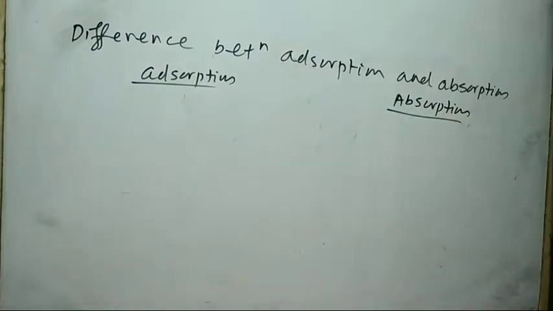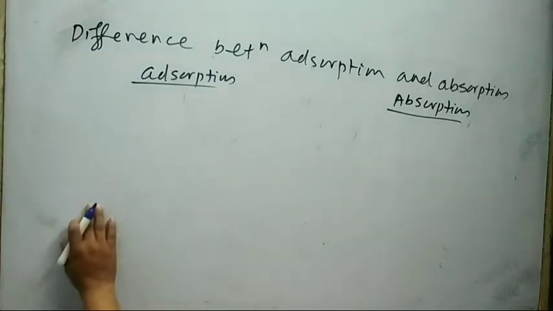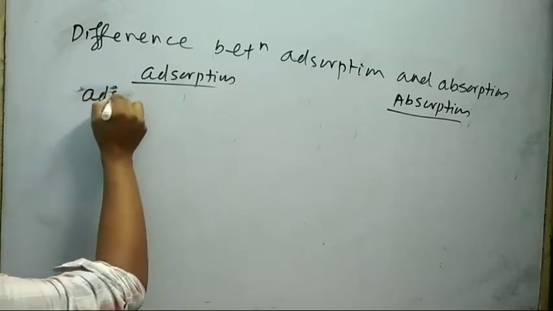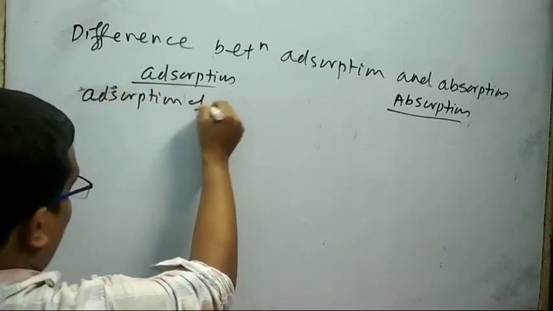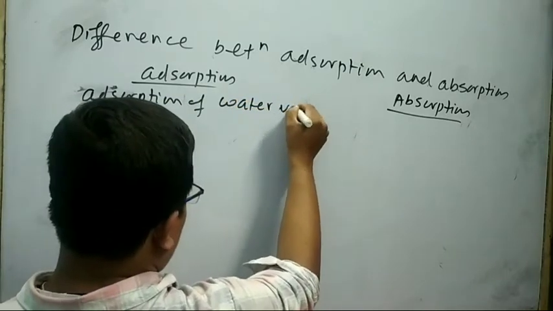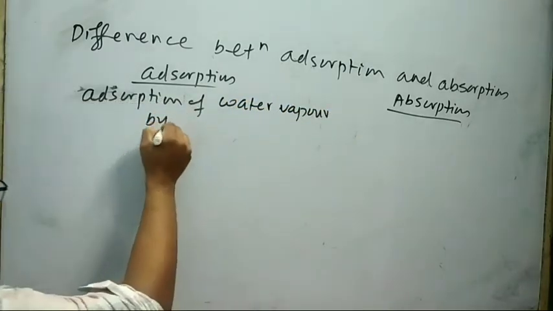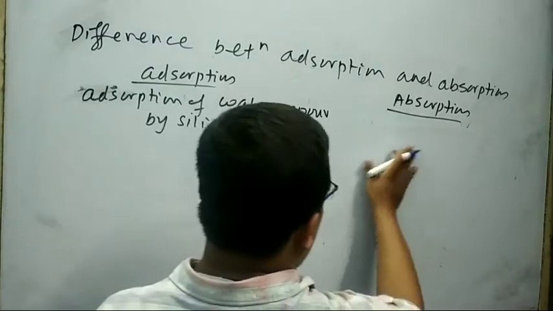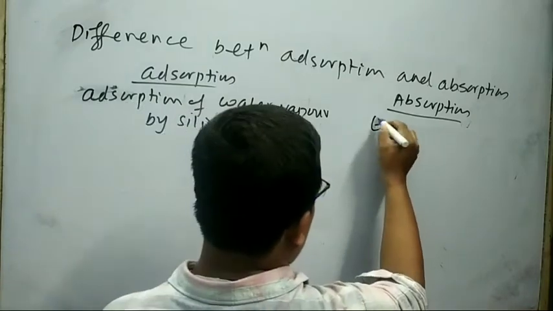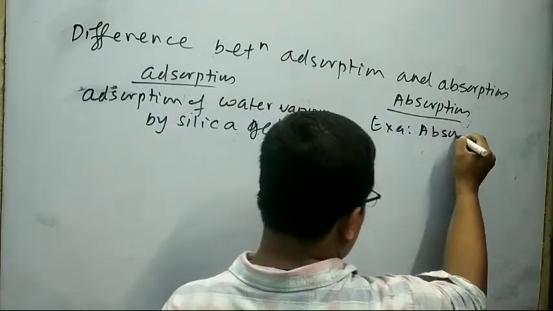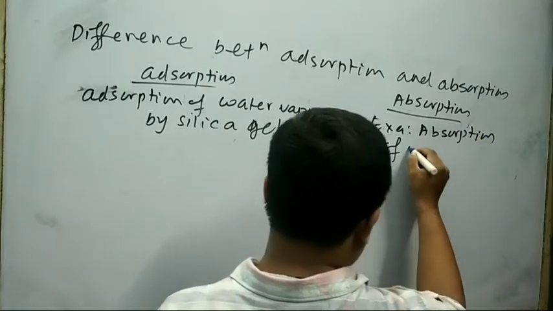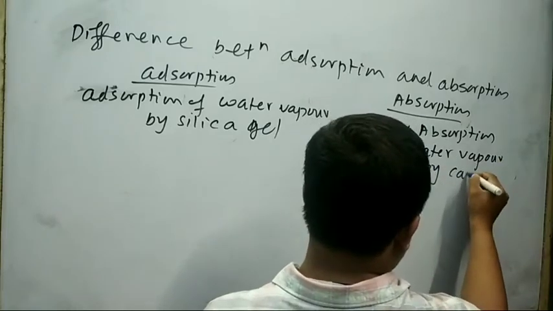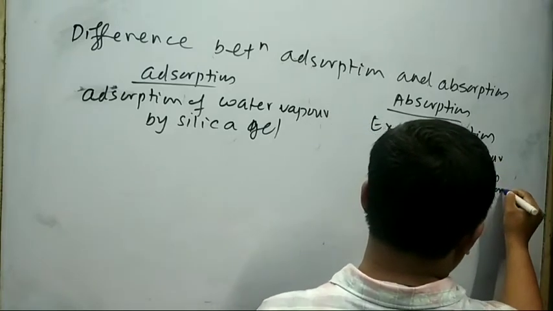For better understanding, I will take an example, that is adsorption of water vapor by silica gel. On the other hand, I will take another example for absorption of water vapor by calcium chloride.